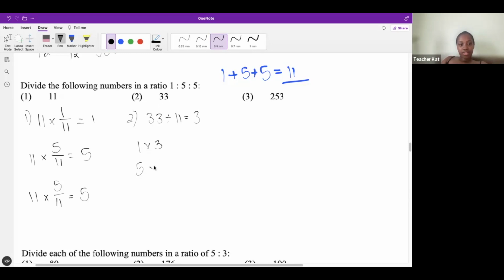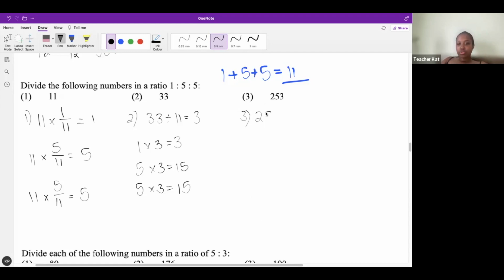Second one will get 5 times 3. And the last one will get 5 times 3. What's my answer for the first one? 3. Then 5 times 3, 15. And another 15.